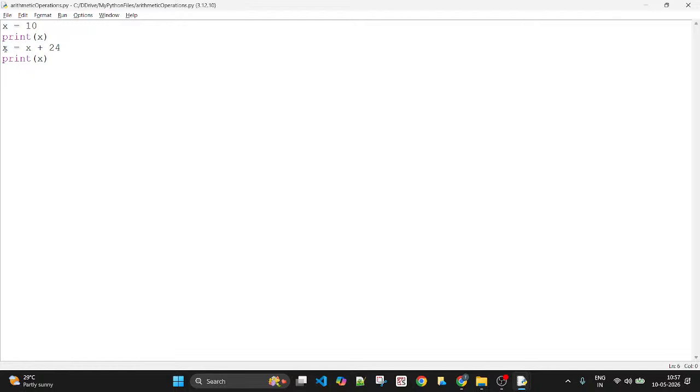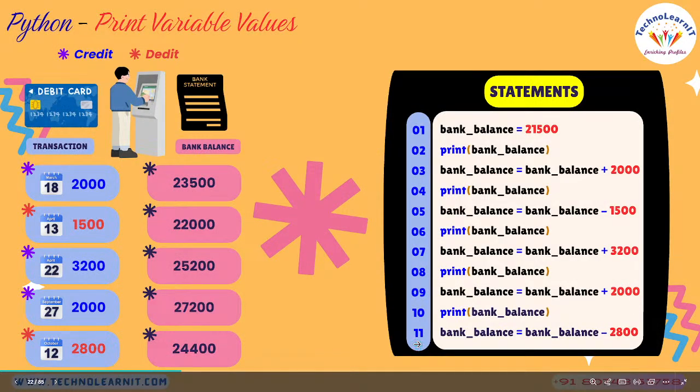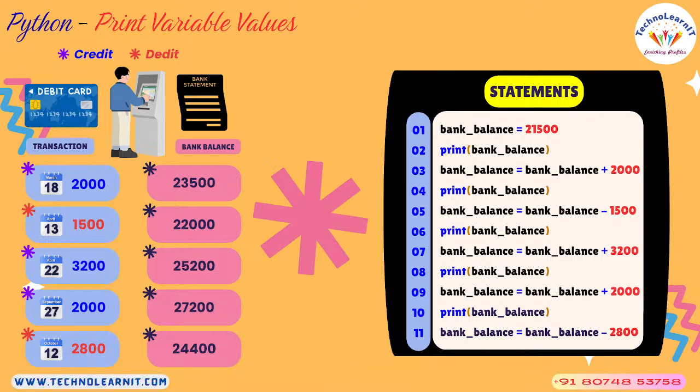So this variable holds the value 34, and if you ask to print it, you will get 34. This is how you can use variables both from IDLE as well as from your file editor. All right, now hope all these things make sense.